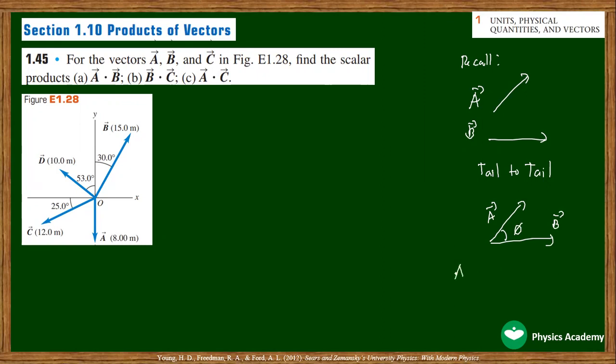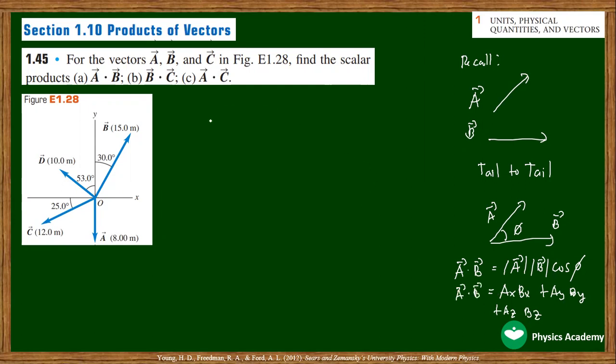The dot product A dot B by definition is equal to the magnitude of A times the magnitude of B times the cosine of phi, where phi is the angle between A and B. In another definition, it is equal to AxBx plus AyBy plus AzBz.